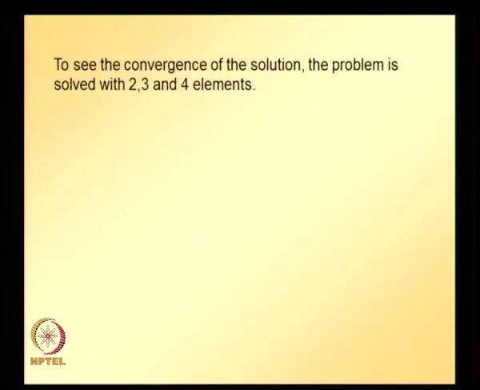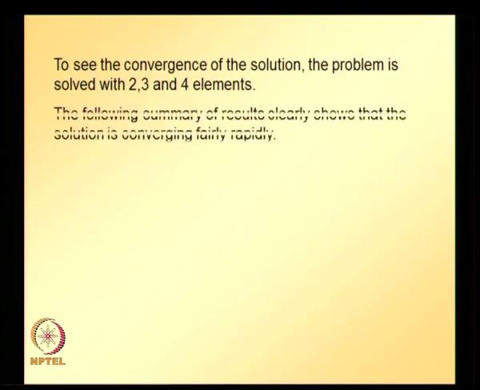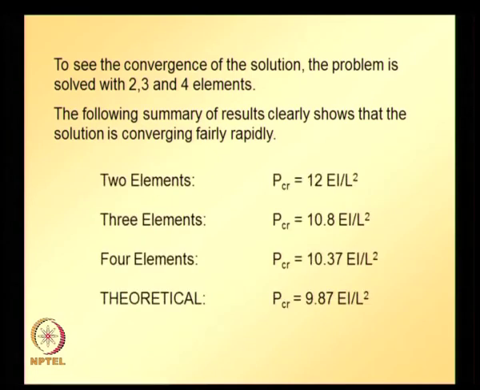Now, if we repeat this problem using 2, 3 and 4 elements, this is how convergence looks. The following summary of results clearly shows that the solution is converging fairly rapidly. With 2 linear elements, P critical is 12 EI over L square.